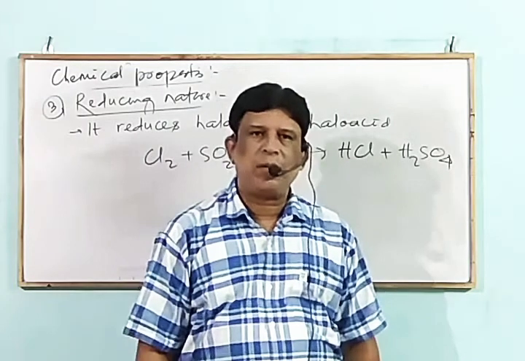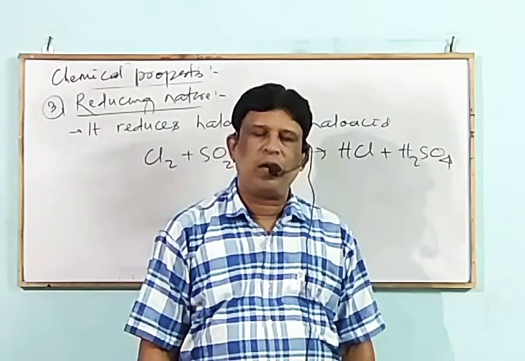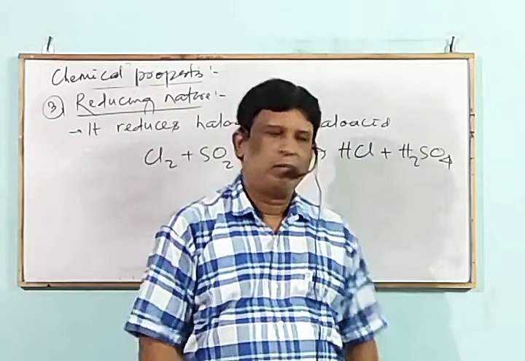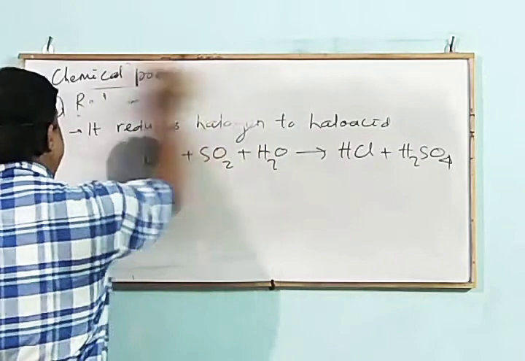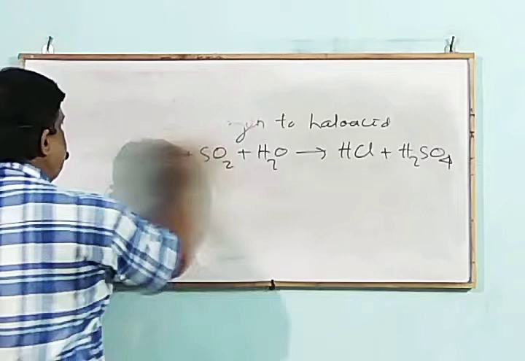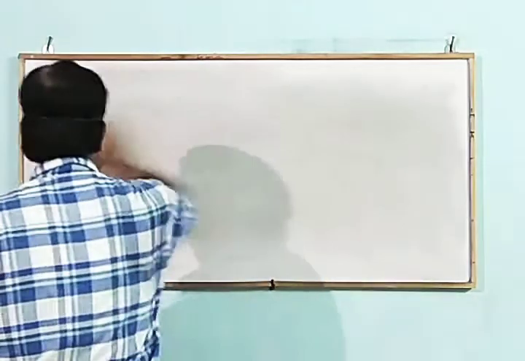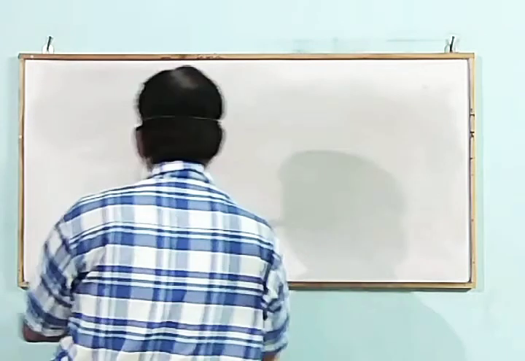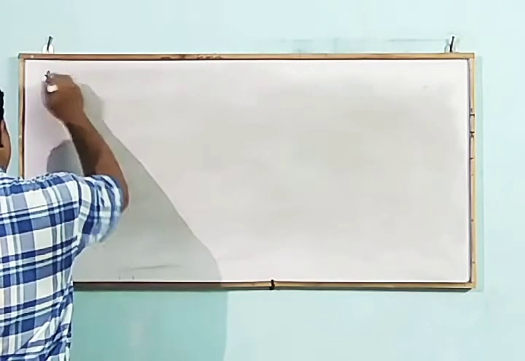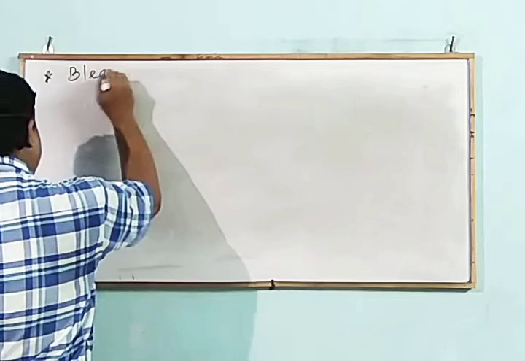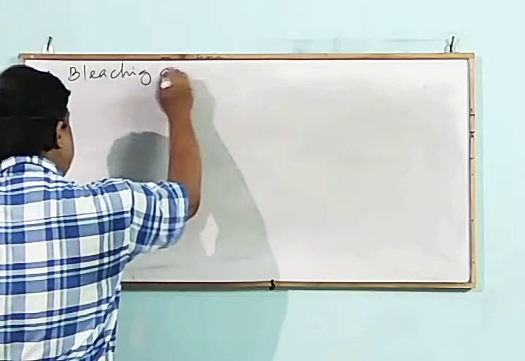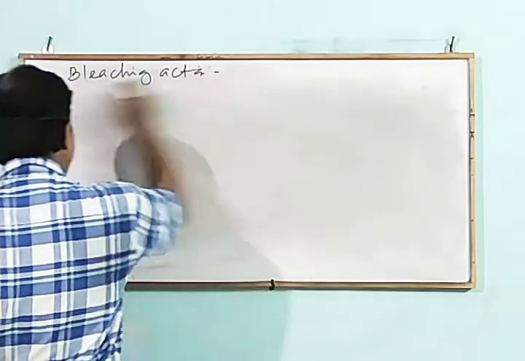Next we discuss the bleaching nature of sulfur dioxide. Next chemical property, that is the bleaching action of sulfur dioxide.